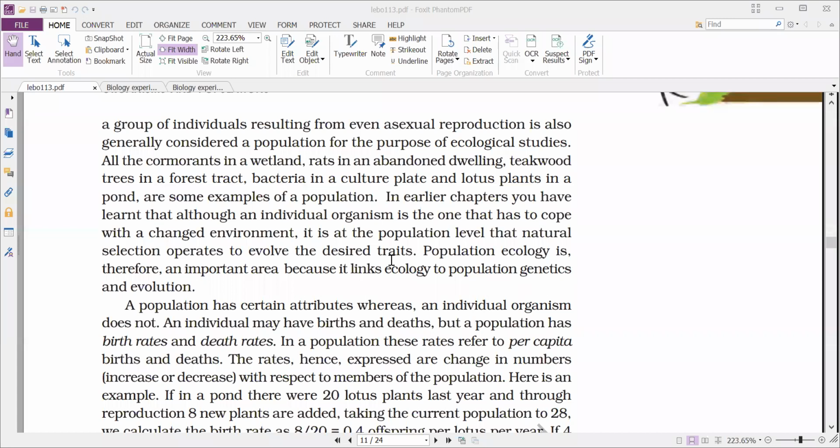Why new characters are developed is explained in genetics, and the development of new organisms from the existing ones is explained in evolution. So population ecology links ecology with population genetics and evolution.